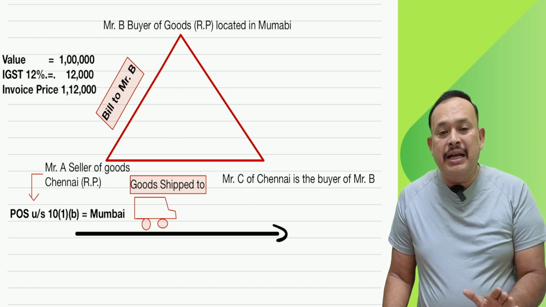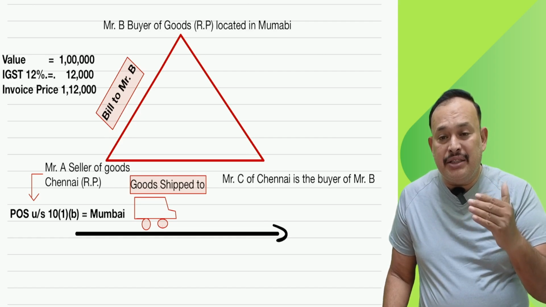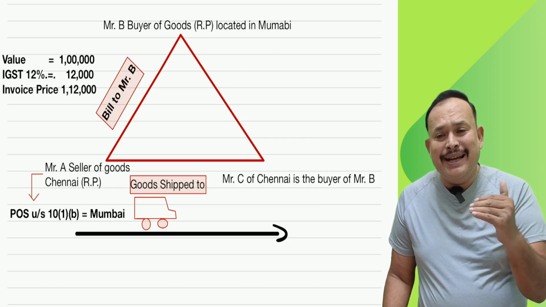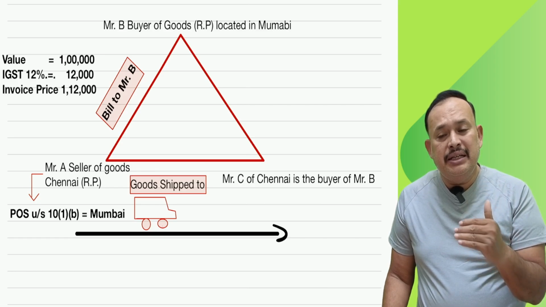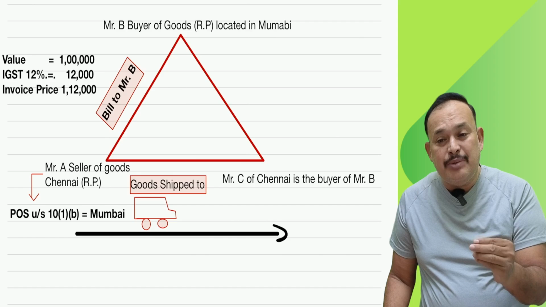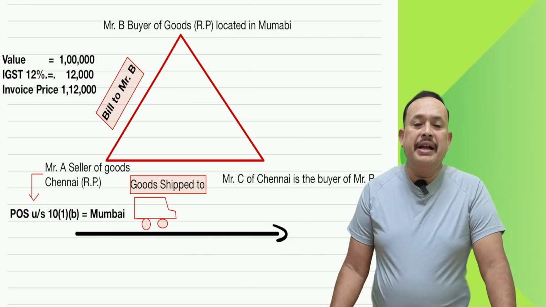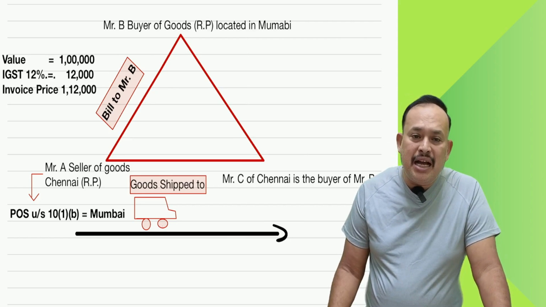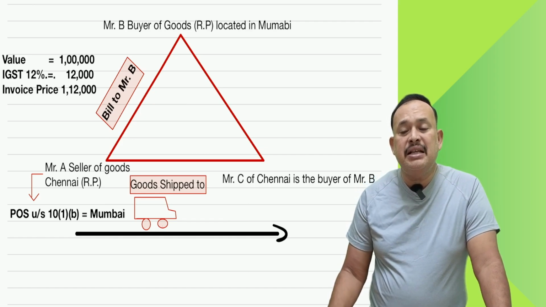It is called section 10(1)(b). Goods dispatched, supply of goods upon the direction of a third person: place of supply is equal to the principal place of business of a third person. Any difficulty in the given case? A transaction between A and B where C is involved.